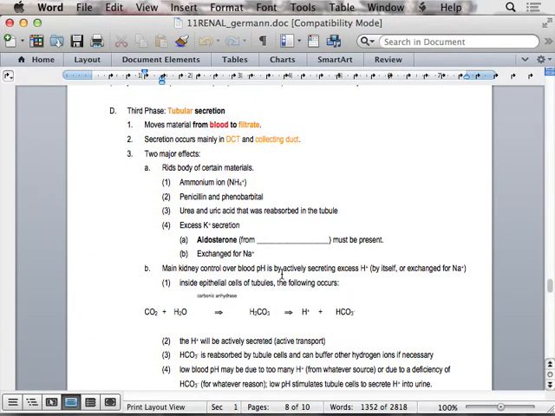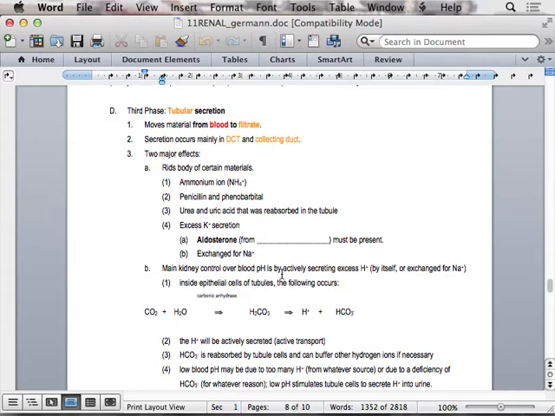Okay, so the third phase is tubular secretion, and it's not too hard because reabsorption is actually, I think, the hardest part of it. So we just did the hardest part. Tubular secretion is taking one last critical look at what's in the house and deciding what you need to get rid of, okay? And this is selective, so I am selecting what things I want to get rid of.